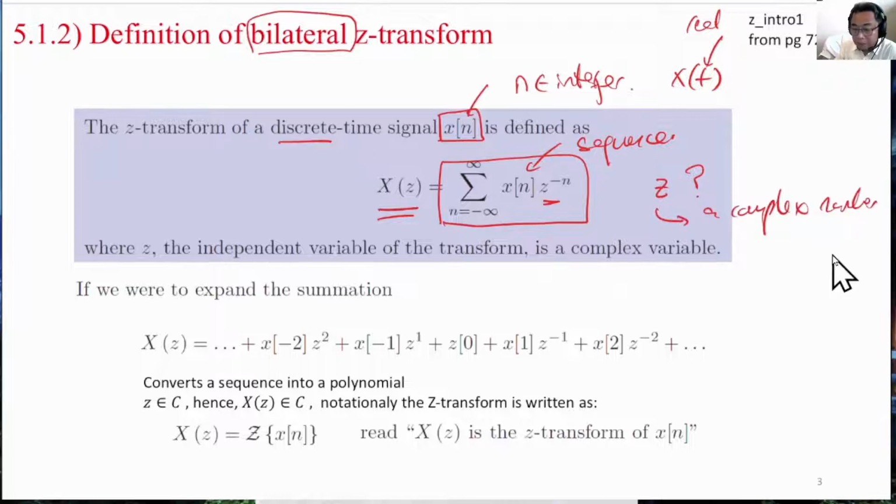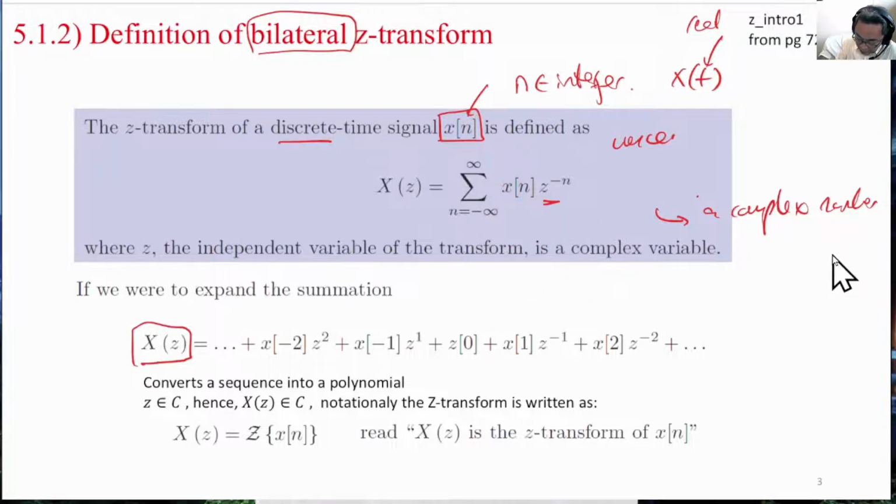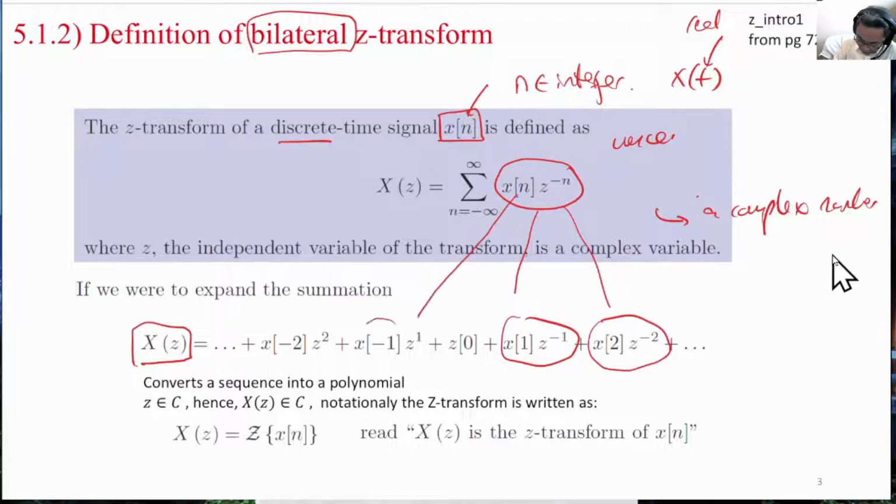It takes a sequence of numbers and converts it into, what do you think this is? This is a series. Adding terms after terms is a series. So look at X of z. When we study the equation properly, each of these terms becomes this, becomes this, becomes this, and so on through the infinite summation.